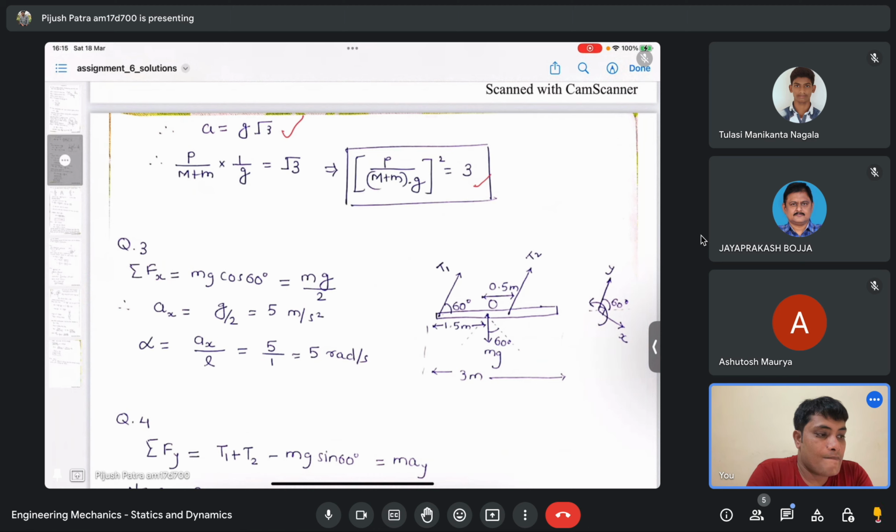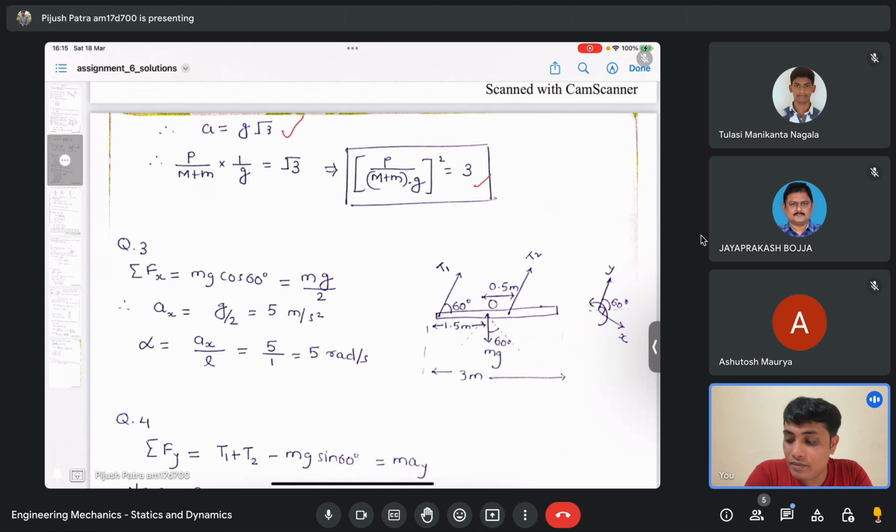So it will not be the exact mass of the log, rather some component of the weight of the log that will work as the net force along the x direction, which comes as mg by 2, that is mg cos 60 degree. Therefore the acceleration is just g by 2, because the total force is mg by 2 and m is the mass, which is 5 meter per second square.